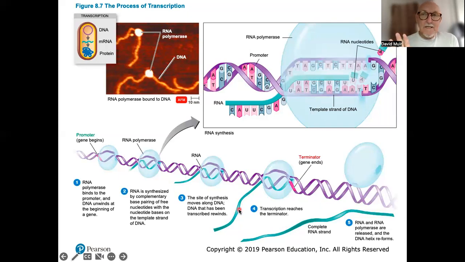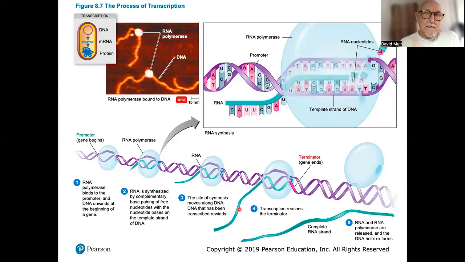But in eukaryotes, a different system has to be adopted because the DNA is all contained in the nucleus, and the nucleus does not contain ribosomes that are able to translate the transcripts that are produced. Instead, in eukaryotes, the messenger RNA transcript has to be exported from the nucleus, through the nuclear membrane into the cytoplasm, before anything can happen.